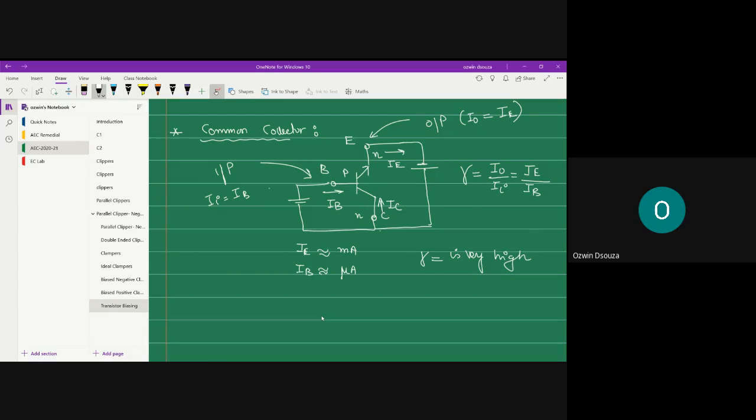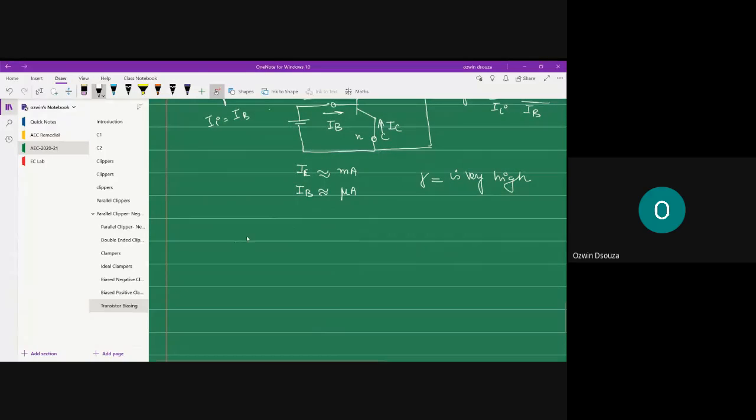So we have three possible modes, and the three modes will give different current gains. So that's the reason the current gains in transistors are normally denoted by either alpha, beta, or gamma.